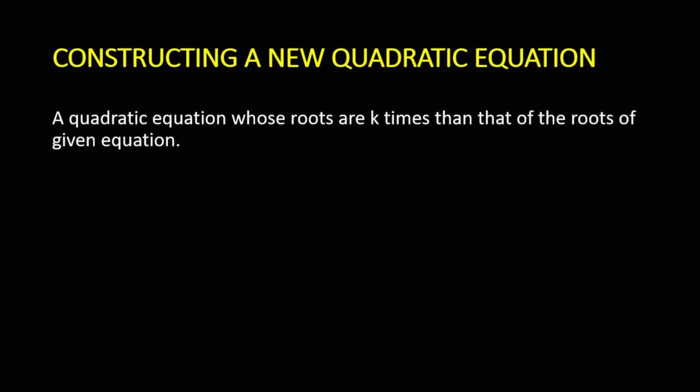Now next is a quadratic equation whose roots are k times that of the other roots. So if ax square plus bx plus c is equal to 0, alpha and beta are the roots. Now the new roots are k times, so the new roots are k alpha and k beta.